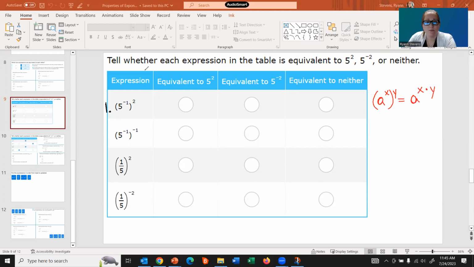And so we can look at this one and we can say that we have 5, and then our exponents are -1 and 2. And so -1 times 2 is going to give us 5 to the -2nd power. So this would be what it would be equivalent to.